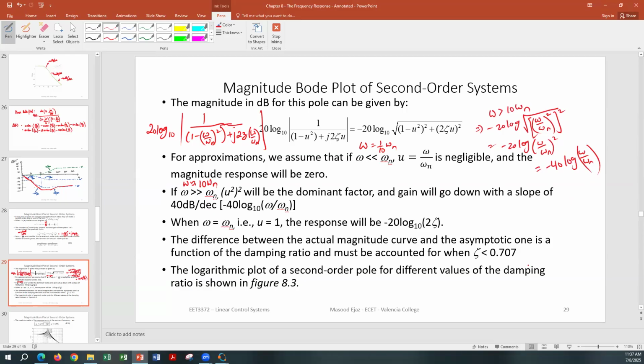So it goes down by negative 40 decibel per decade after 10 omega n approximately.